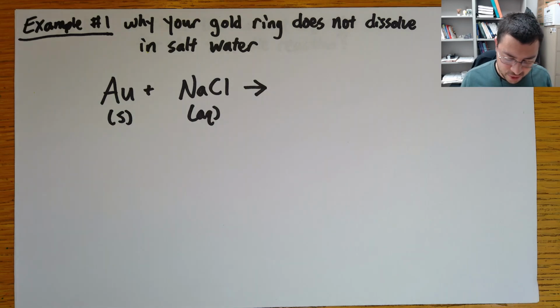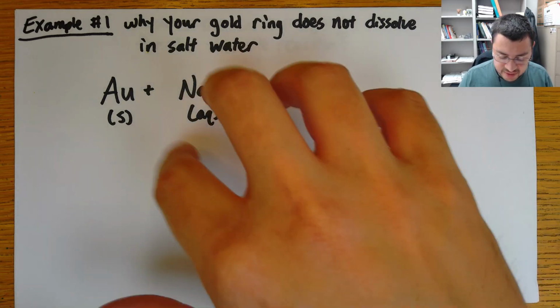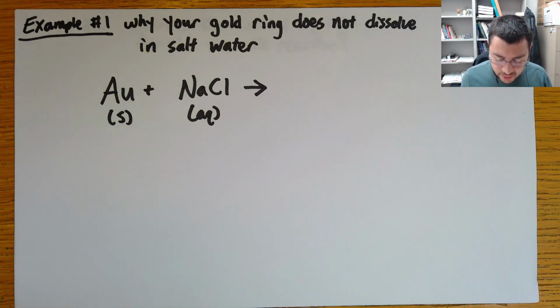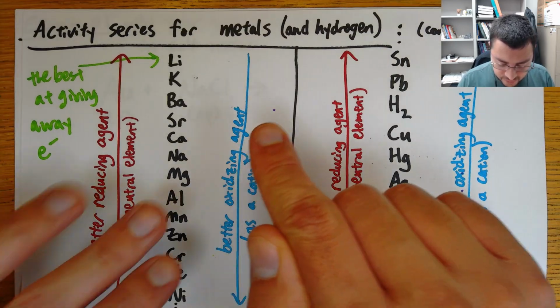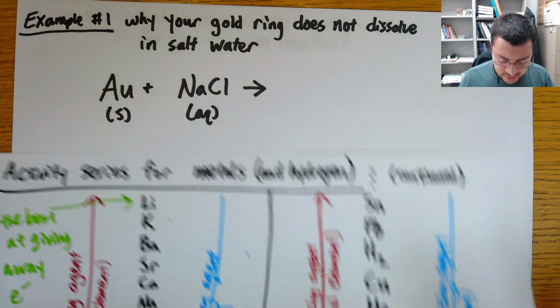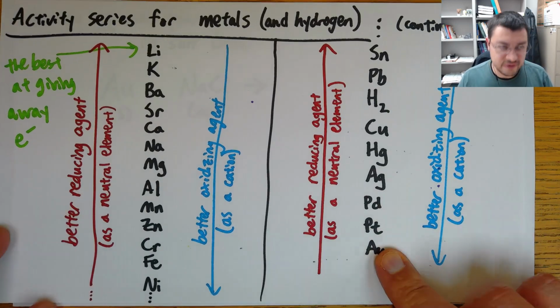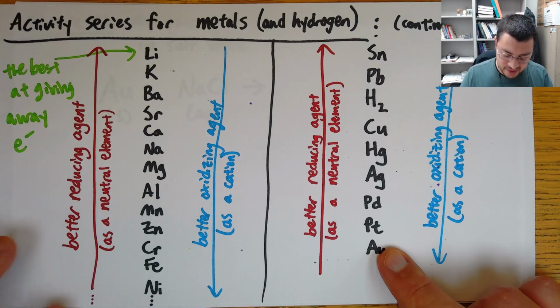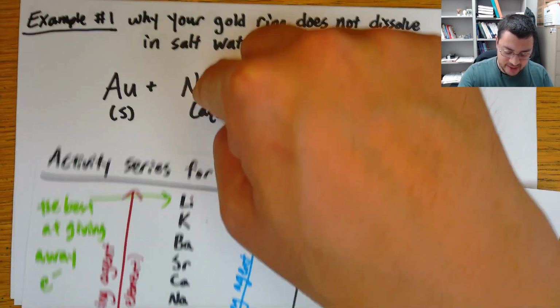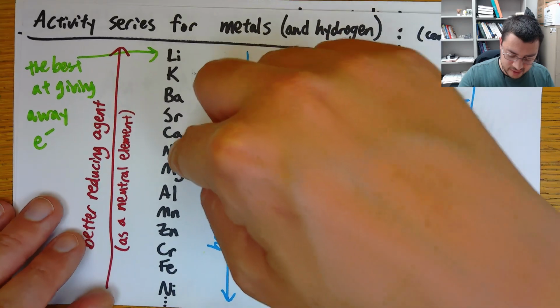Example 1. I talked about how come your gold ring doesn't dissolve in the salt water. Well, we can look at this from the point of view of doing a reaction. Let's look for the first element, gold. Gold's at the very bottom, so we might see where this answer is going already. And sodium is above gold.